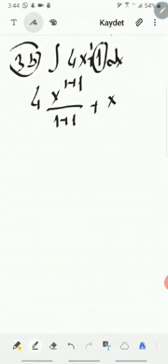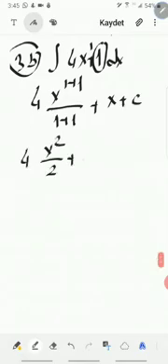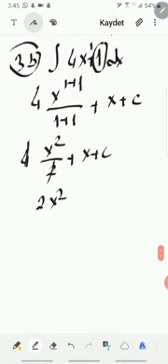We say it is x. X is a variable which has the power 1, plus c. If we simplify that, here, x to the 2 over 2 plus x plus c. After cancellation, we get x to the 2 over 2 plus x plus c. Okay, the next question.